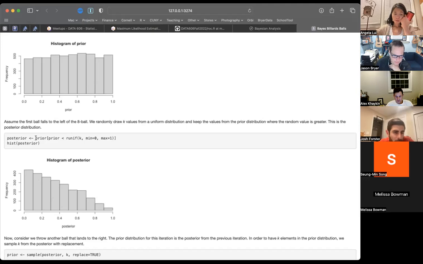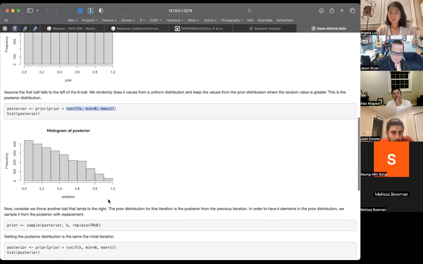So from my prior, I'm going to randomly draw from a uniform again another 5,000, and I'm keeping only the ones that are greater than the prior, because that's saying the 8 ball landed higher than that. And that becomes my posterior distribution.